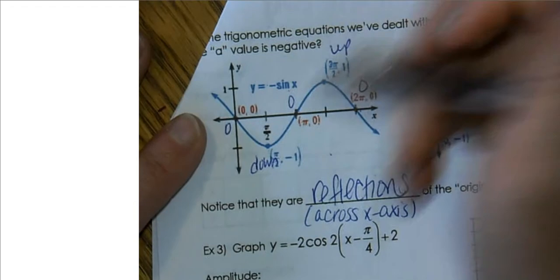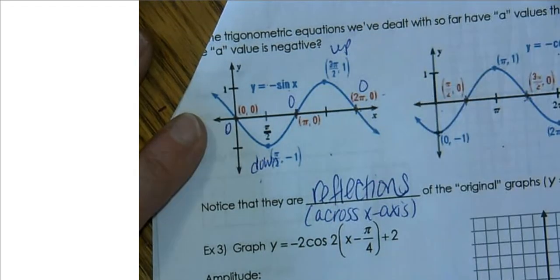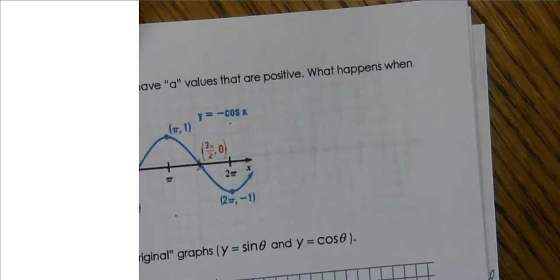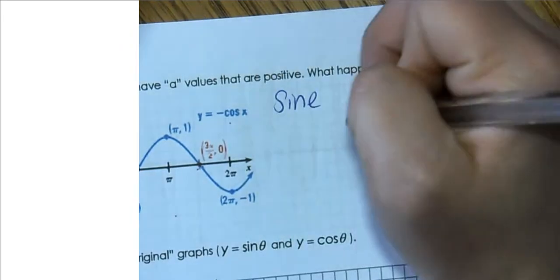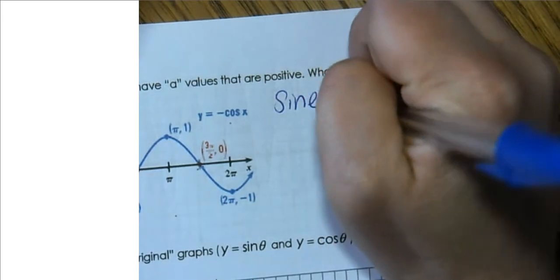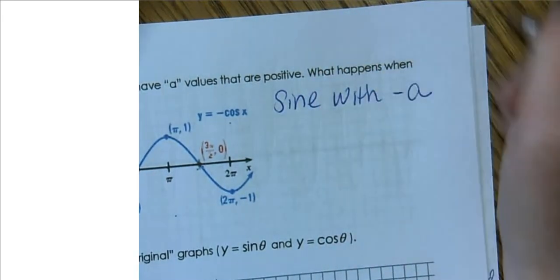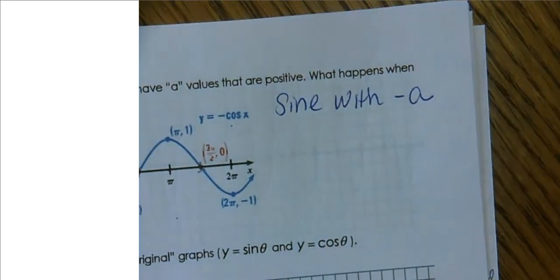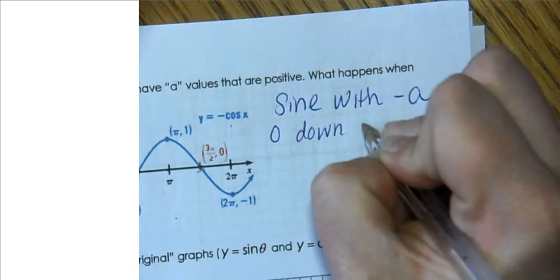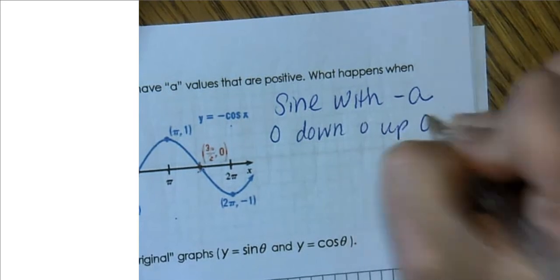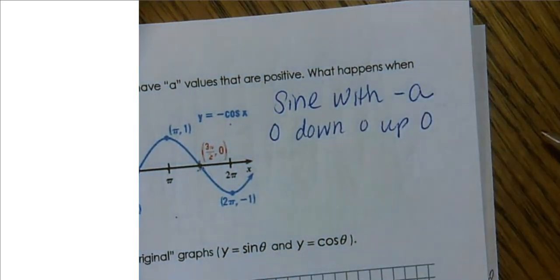So 0 down, 0 up, 0. And I'm going to write this down on the side over here. So if you have a sine function with a negative a, you're going to be working with the pattern for each cycle being 0 down, 0 up, 0.